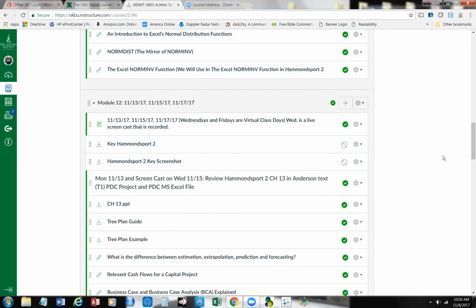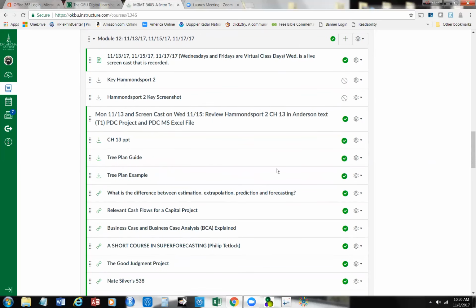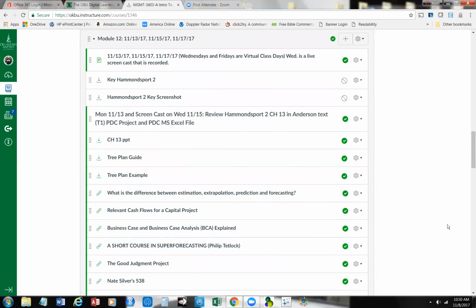What I will also do, and you can see here, I haven't published it yet, is the key to Hammond's Port 2 and a screenshot regarding it. And then you have some resources there. I provided you a PowerPoint for chapter 13, and I really recommend that you take a look at it. Then here's a guide to what we call the tree plan and a tree plan example. Chapter 13 moves us into the realm of forecasting. I have a resource there that speaks about the difference between estimation, extrapolation, prediction, and forecasting.